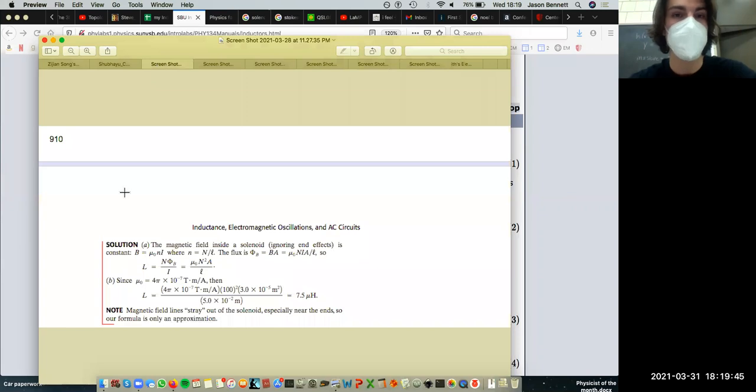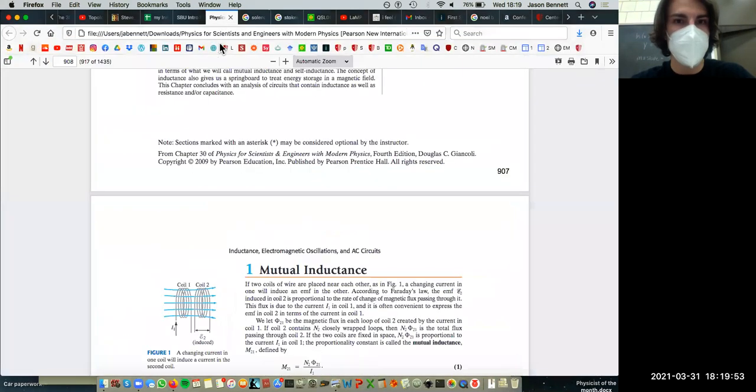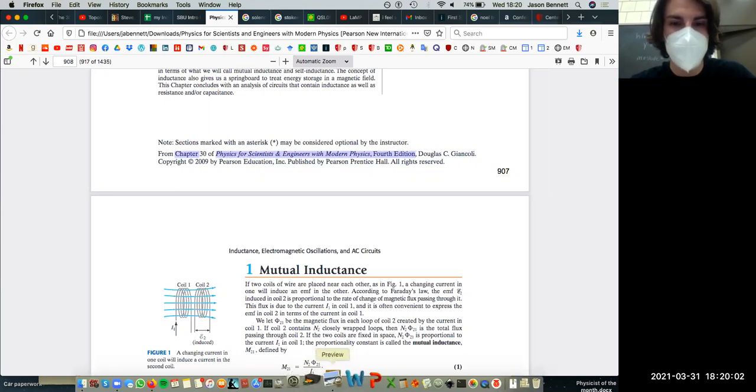All the derivations that you need for the background are there. So at the moment, I'm just going to show the screenshots of all the pages from there. I think it lines up with chapter 30. I downloaded an international edition, but this corresponds to chapter 30 of the actual book.